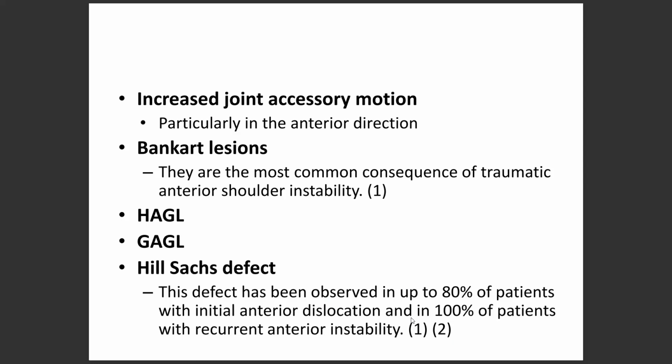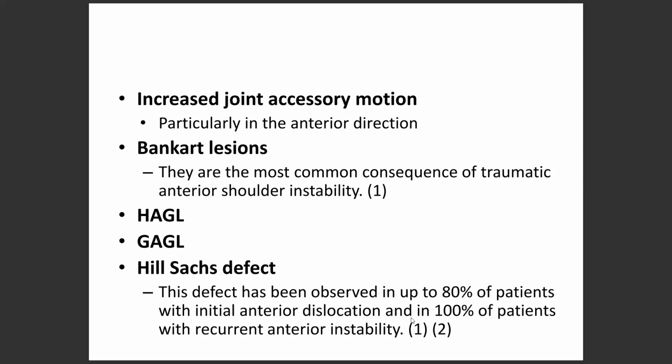When it is going to exit, there is abutment of the posterolateral and posterolateral superior humeral head with that rim as well as that labrum between the 3 o'clock and 6 o'clock position. So injury to the labrum between the 3 o'clock and 6 o'clock position is known as the Bankart lesion. They are very common consequences of traumatic anterior shoulder instability.